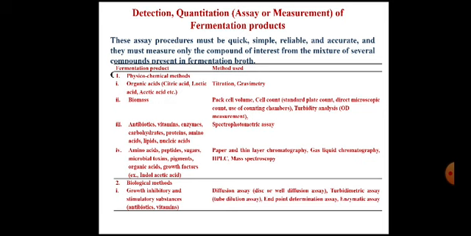The methods used for their quantitation are diffusion assay, which has two modifications: disk diffusion assay or well diffusion assay. Then turbidimetric analysis, that is tube dilution assay, endpoint determination assay, and enzymatic assay.